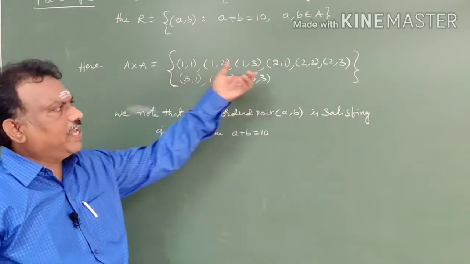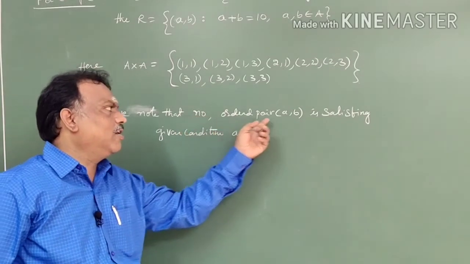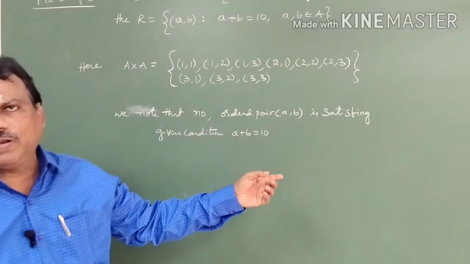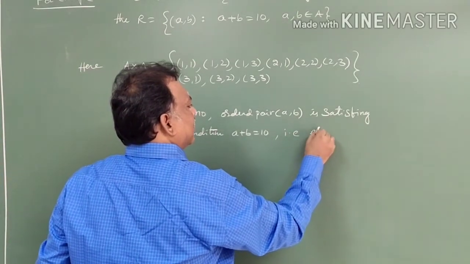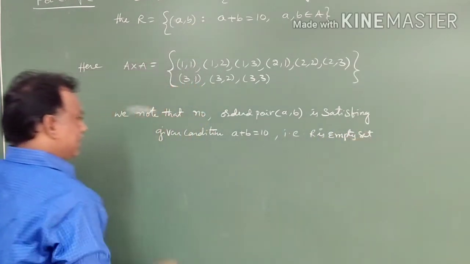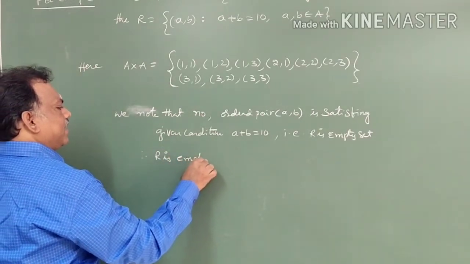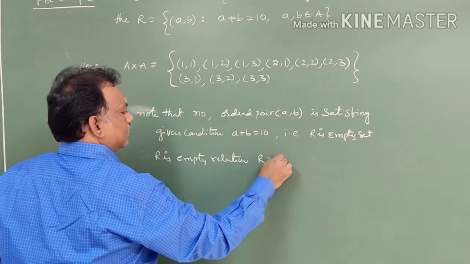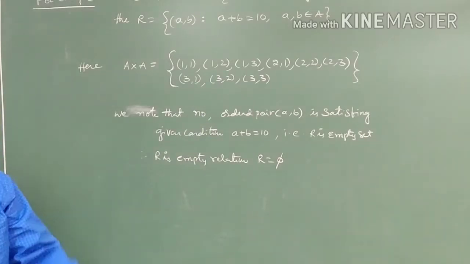So if you take any ordered pair, their sum is not equal to 10. That's why no ordered pair (a, b) satisfies the given condition. That is, R is an empty set, so no ordered pair will be there. Therefore R is an example for an empty relation. Understood, students? So this is an example for an empty relation.